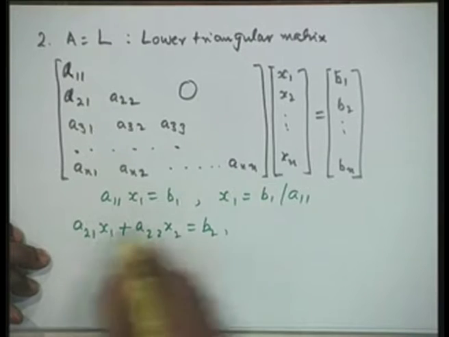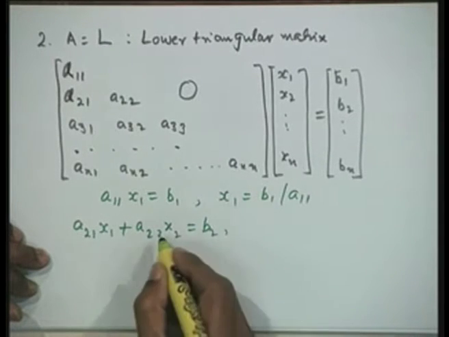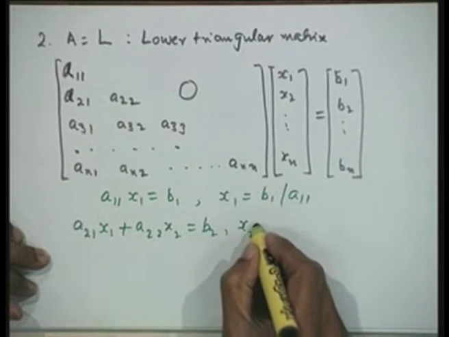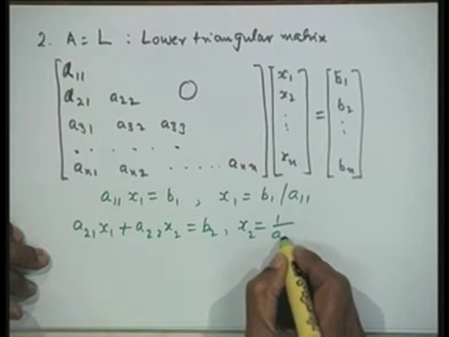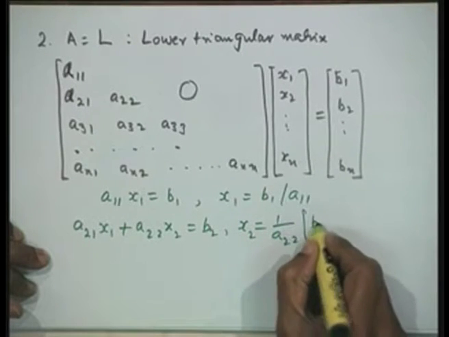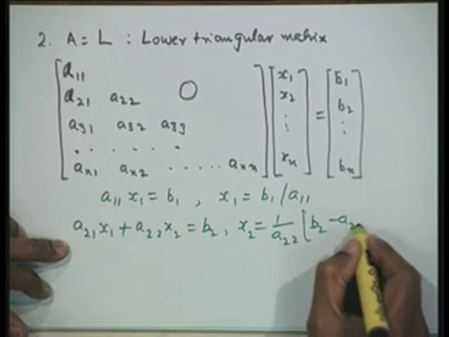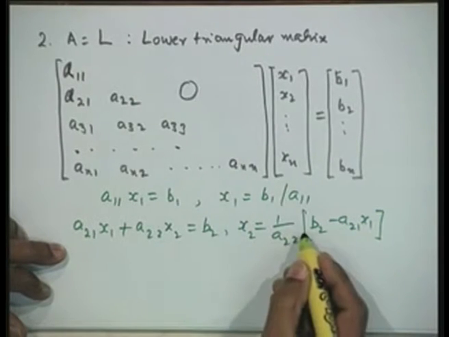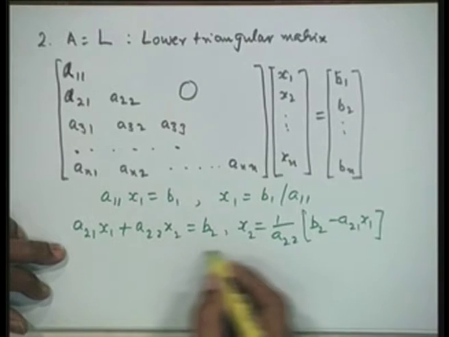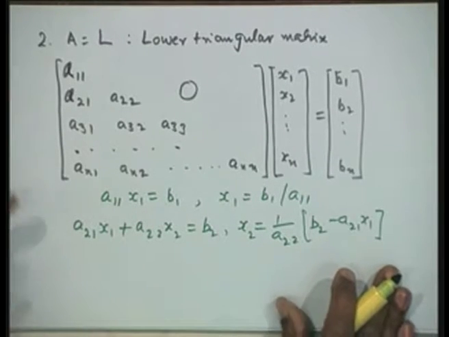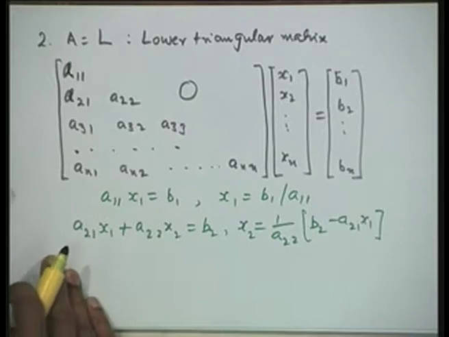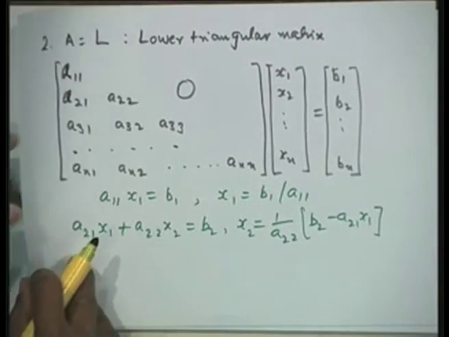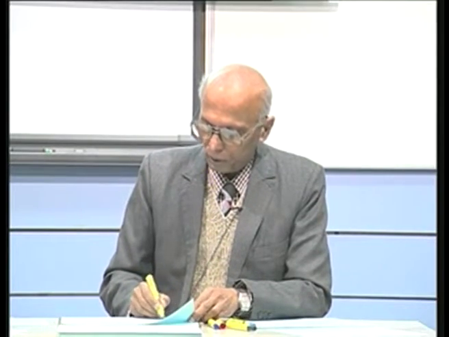Therefore, x1 is known, so it goes to the right hand side, and x2 will immediately be determined. x2 is 1 upon a22 of b2 minus a21 x1. So, I can take this a21 x1 to the right hand side, since it is known, and I can proceed the computation like this.